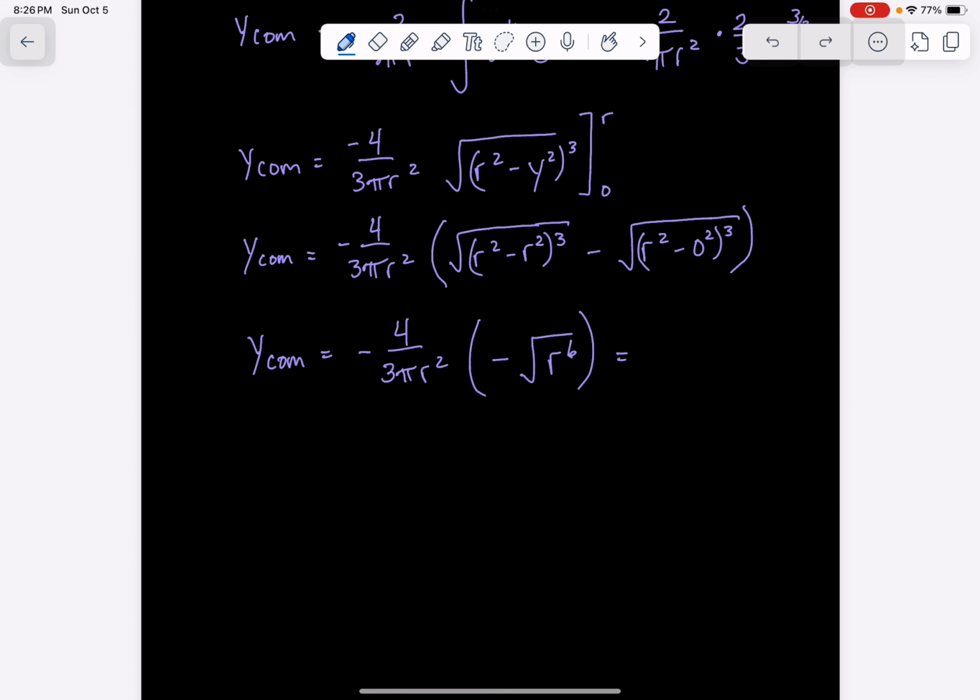This is going to get reduced to negative root r to the 6th, because of course the first piece becomes 0 minus square root, and then it's r squared to the 3rd, which is r to the 6th. And so then that becomes r to the 3rd, and you have a negative times a negative, which becomes a positive. Oh my goodness, it's almost there. So y center of mass equals 4r over 3 pi, and we got it. Phew.